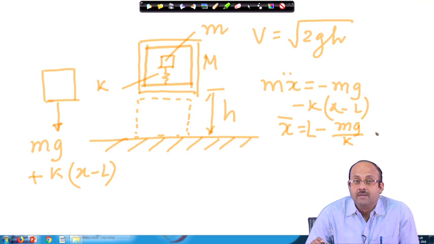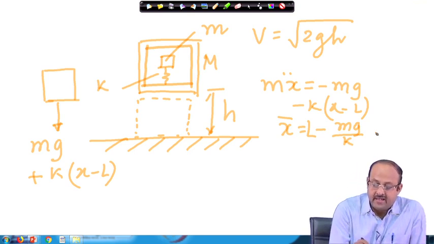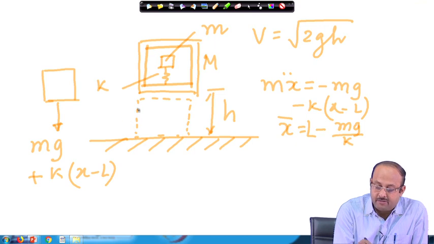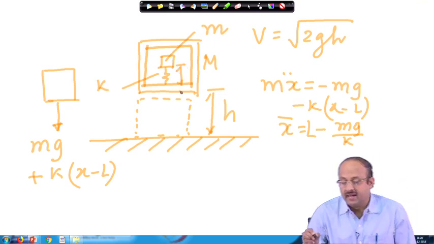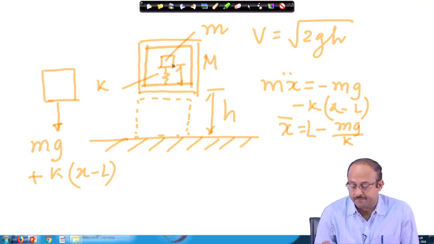We consider this to be the equilibrium position. Because of the self weight, in equilibrium the spring will have a certain deformation. Here of course I measure x as the distance from this bottom point to the mass.